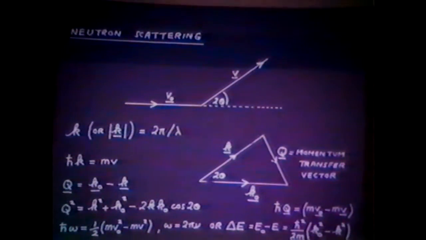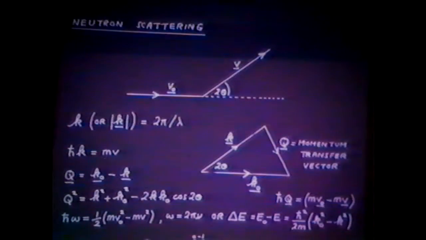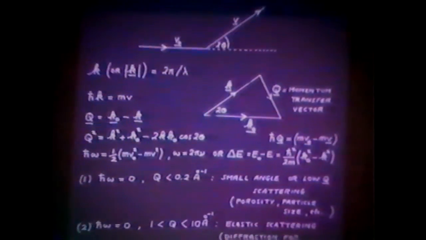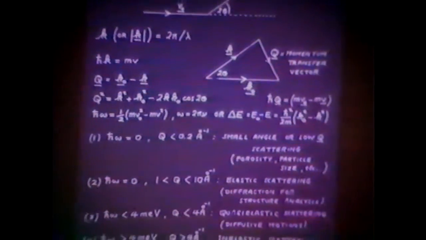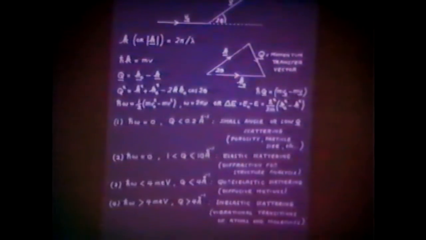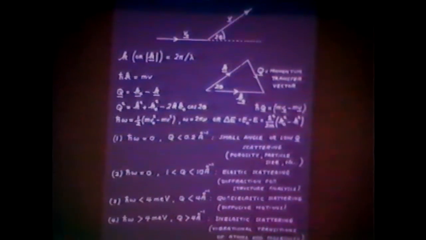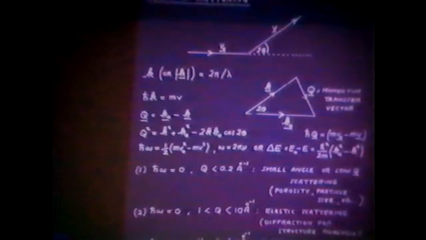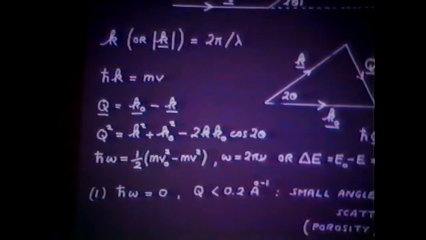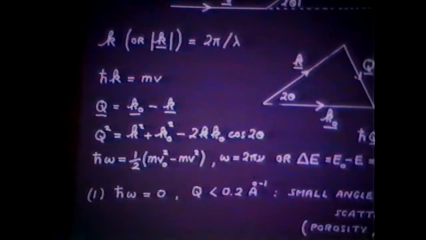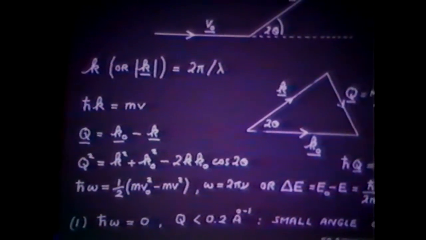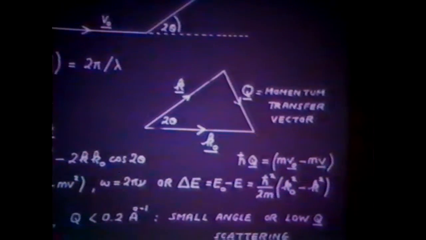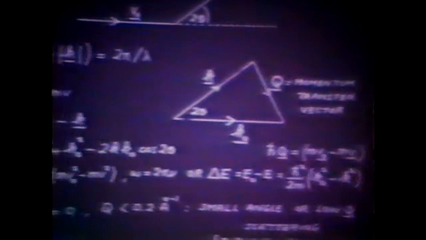Otherwise, a lot of the information you get from inelastic neutron scattering is comparable with what you would get using infrared. This basically is an outline of possibilities. You'll see that frequently we refer to Q, which is the momentum transfer vector, and depending on the Q range which is available, and Q is the difference of wave vectors, k is 2 pi over lambda, it happens to be convenient to use that form of vector language in this case.